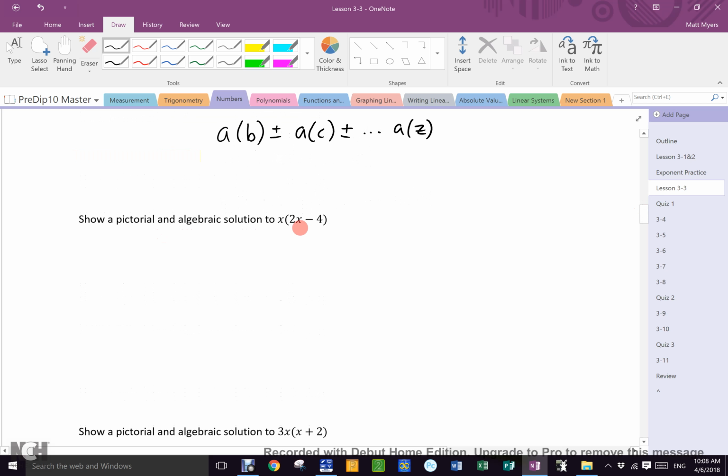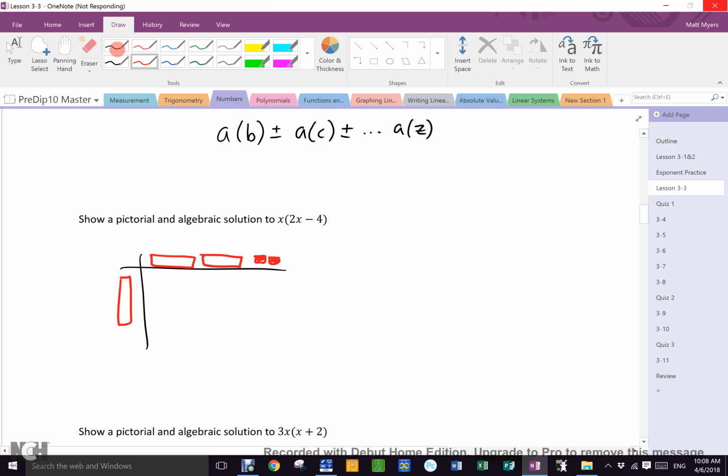So, picture an algebra tile diagram. Since these are the factors, where do they go? On the outside. The first factor is x. The other factor is 2 x's and then 4 negatives. Where does the product go?